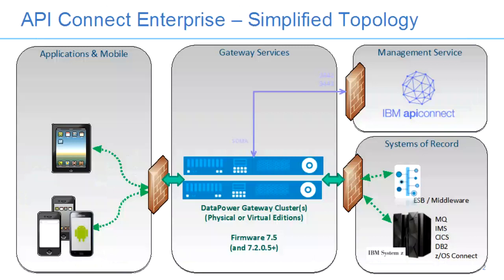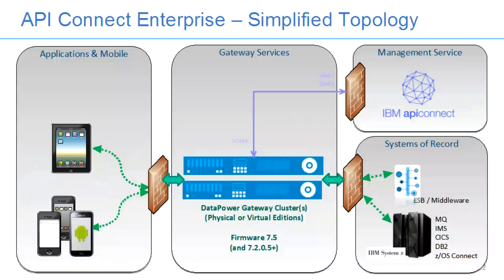We have a typical three-tiered diagram here with, on the left-hand side, your applications and mobile entities, and assets in systems of record on your third tier, through a set of gateway services in the middle tier.